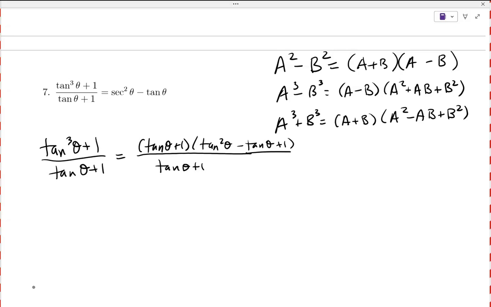What do we do now? Tangent theta plus 1. Good. So we're left with tangent squared theta minus tangent theta plus 1. Part of that's what we're looking for, right? What part of that is a good thing so far? Minus tangent, right? So the other part must be what?